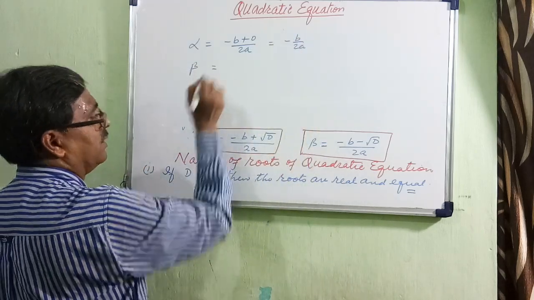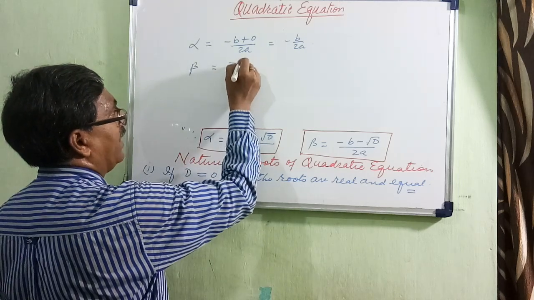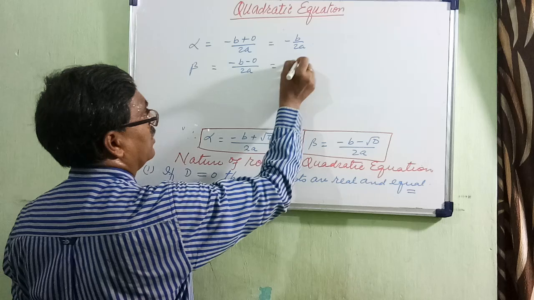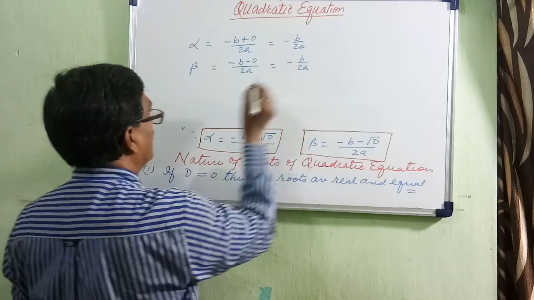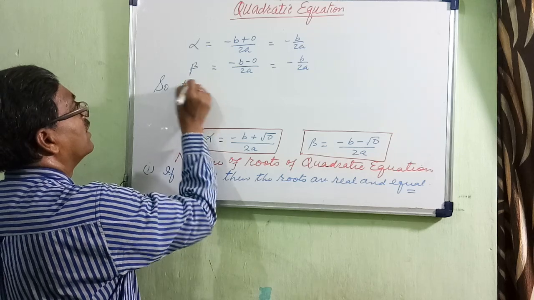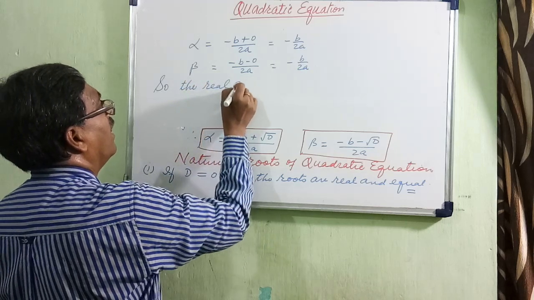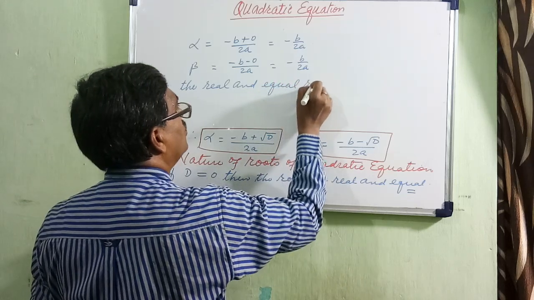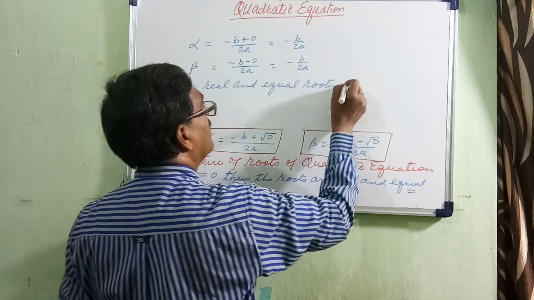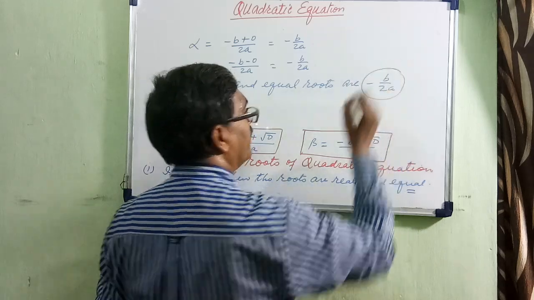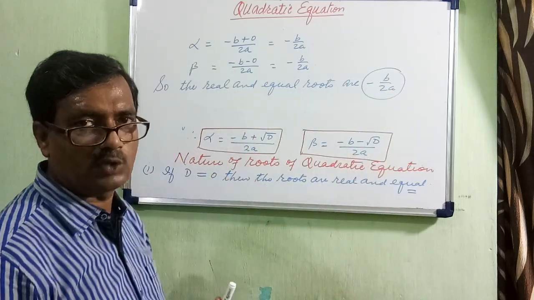And beta is equal to minus b minus 0 by 2a, which is equal to minus b by 2a. So the real and equal roots are minus b by 2a. So in both cases it is equal.